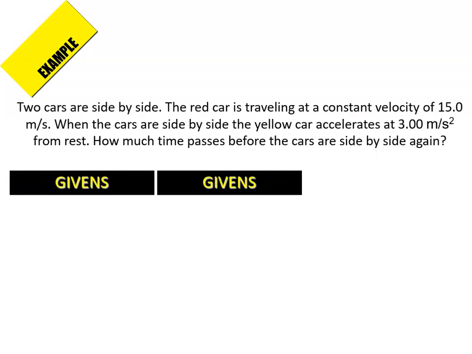So, in this case, we have two sets of givens, one for the yellow car and one for the red car. When you're actually writing these down on your own paper, where you can't use colors very easily, I would recommend using subscripts. So for example, you would say v0, comma y for v0, comma yellow, or the initial velocity of the yellow car is 0.